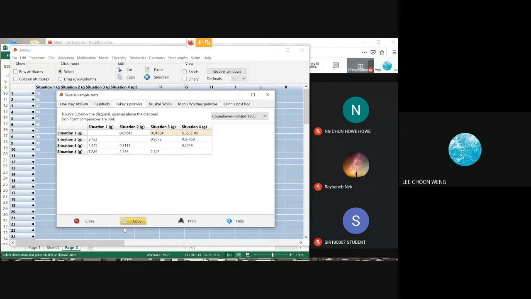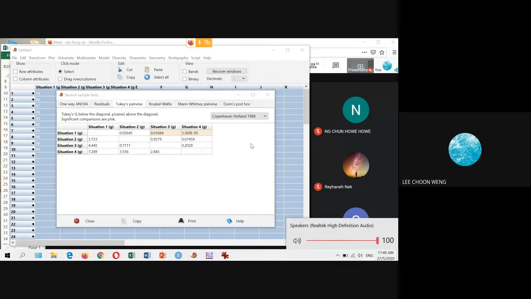Okay, and you enter the formula one by one. But you have this software, so I don't think you should be doing that anymore. Okay, use this PAST, then you can get the Tukey's pairwise. Okay, let's see how we interpret this.